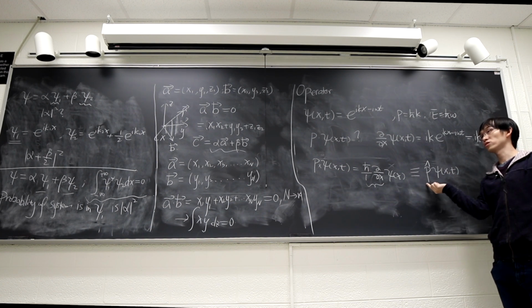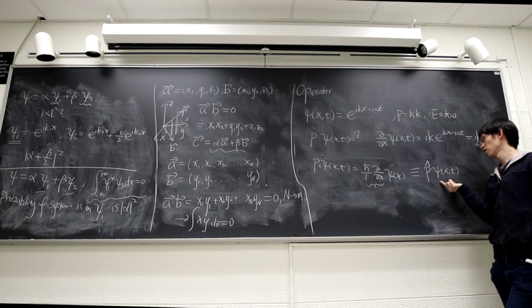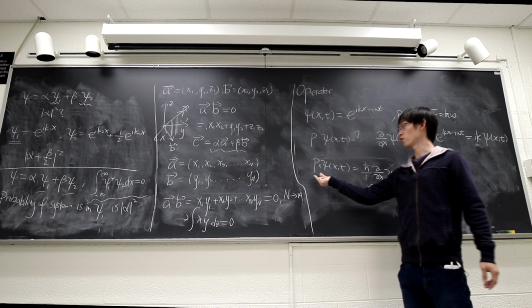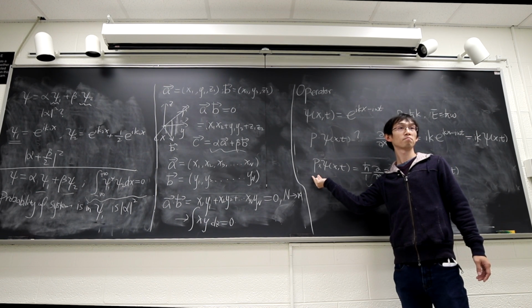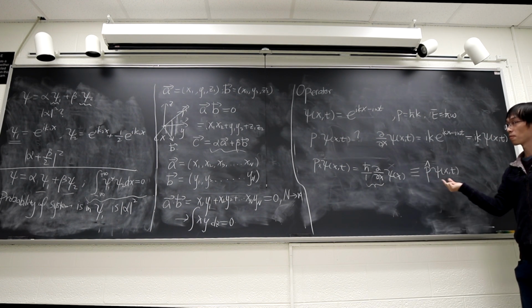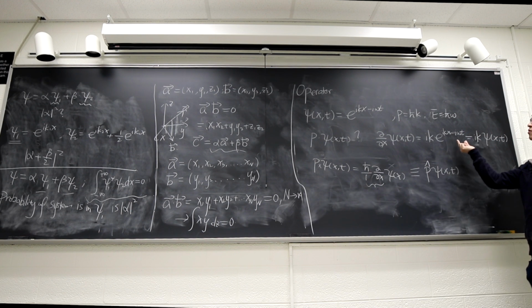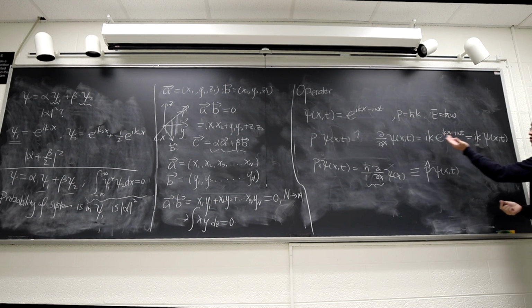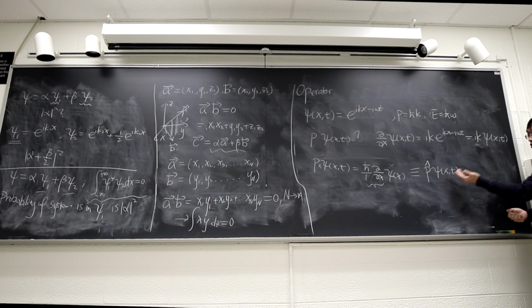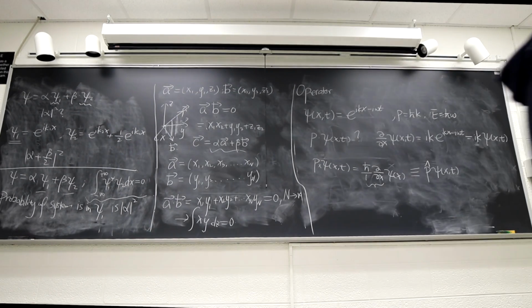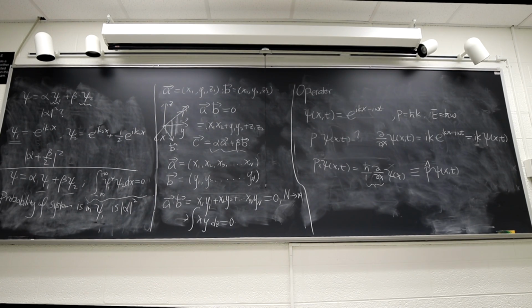So when you apply a momentum operator on a wave function, it comes out with the number of the momentum. Okay, make sense? This is directly from the fact that all wave functions can be composed of plane waves, and we showed that for plane waves it worked. So it must work for all the functions. Questions here?